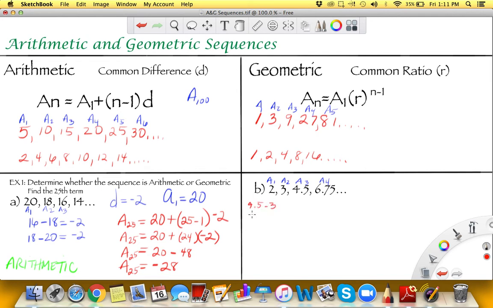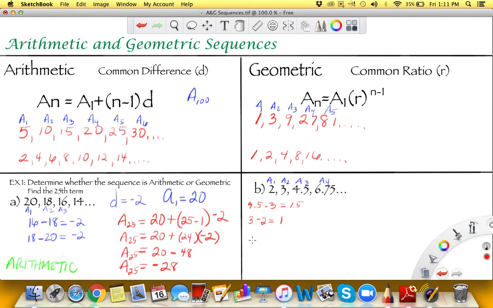I always check to see if they're arithmetic first. 4.5 minus 3 is 1.5. And then 3 minus 2, if we get the same thing, then this is arithmetic. Well, 3 minus 2 is 1.